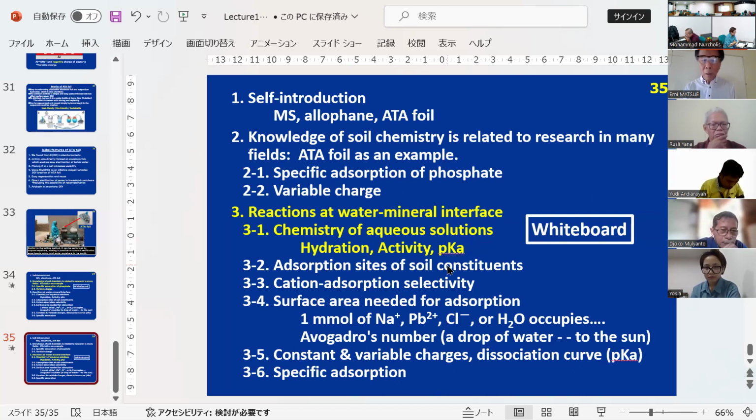I should delete the yellow one because you already know. Hydration, okay, this is very important. So next week we start from hydration, activity, and pKa, which also overlaps with the professor's lecture. So I want to start from this next week.